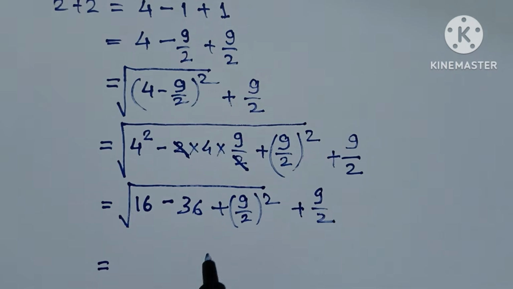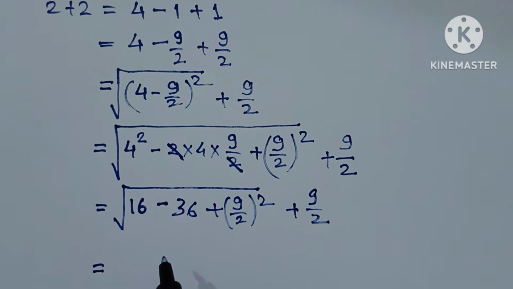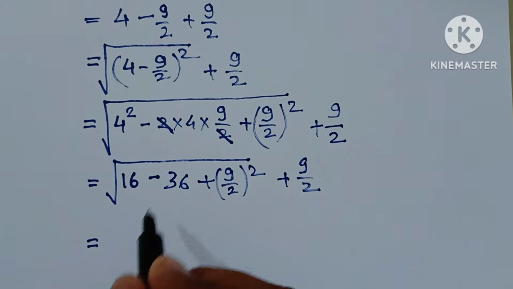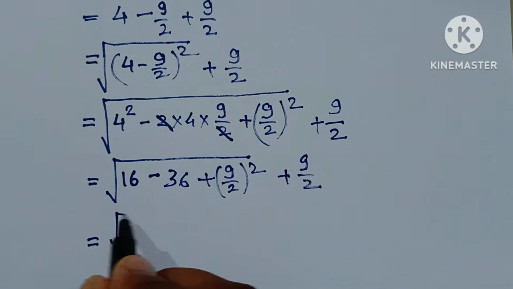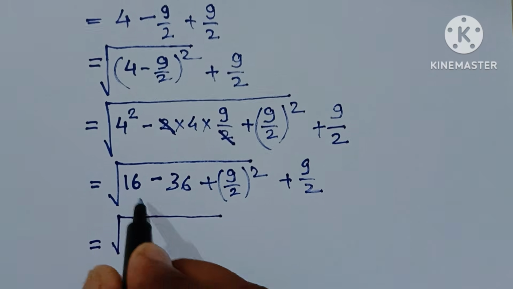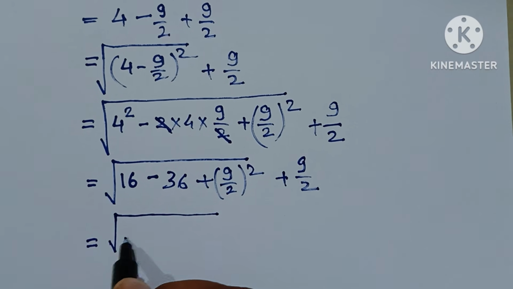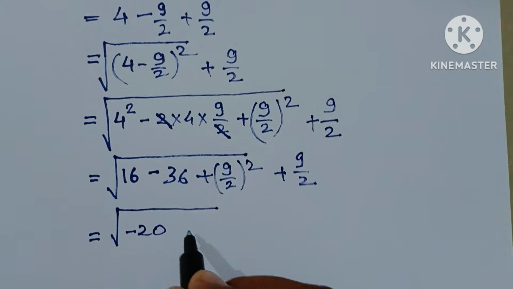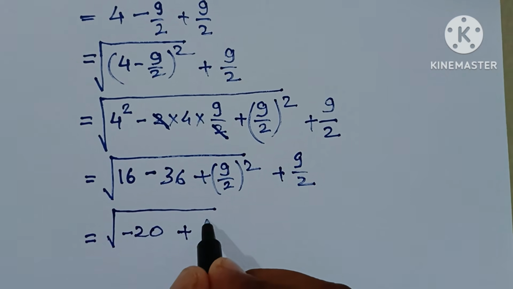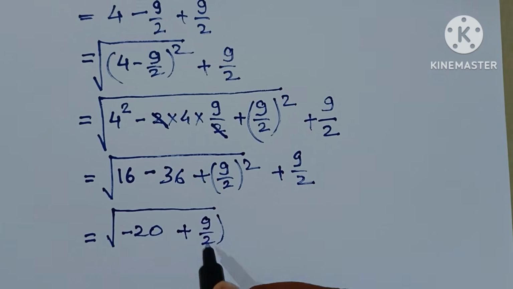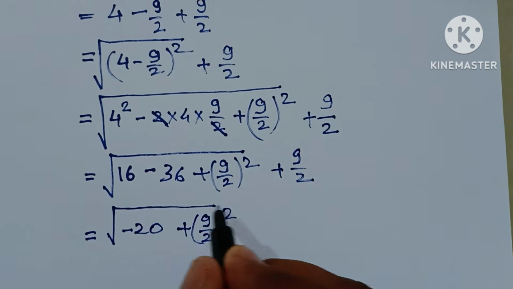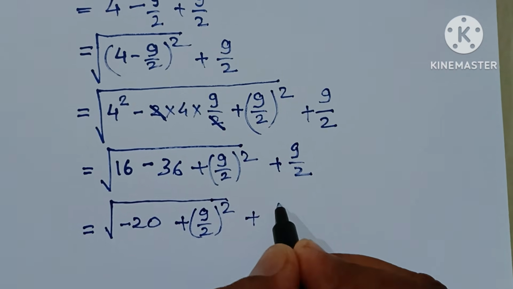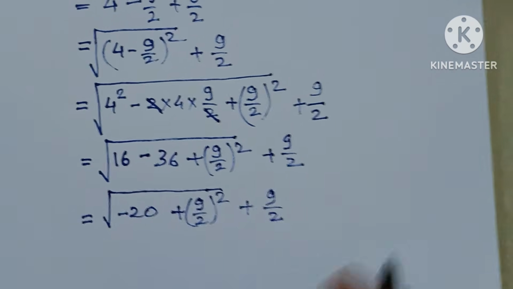Now 16 minus 36. 16 minus 36 we get minus 20, plus 9 by 2 whole square, plus 9 by 2.